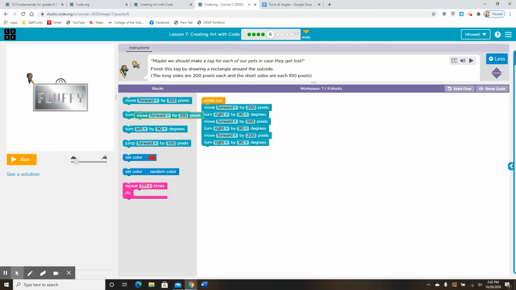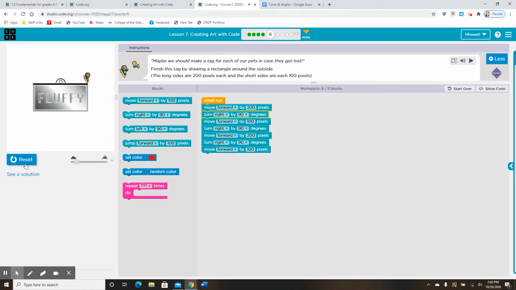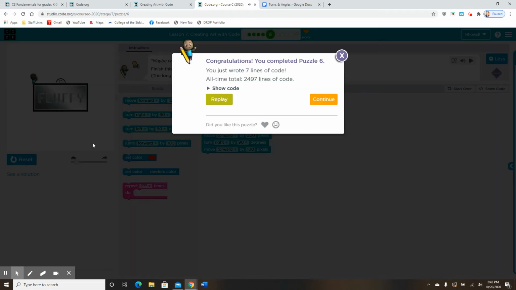And then we have another short side. So basically this shape is going to make a rectangle. So let's run it and let's see how I did. Did your algorithm look the same as mine, or is it different? Maybe I have bugs. I don't know. I haven't run it yet. Oh, I did it. Okay.